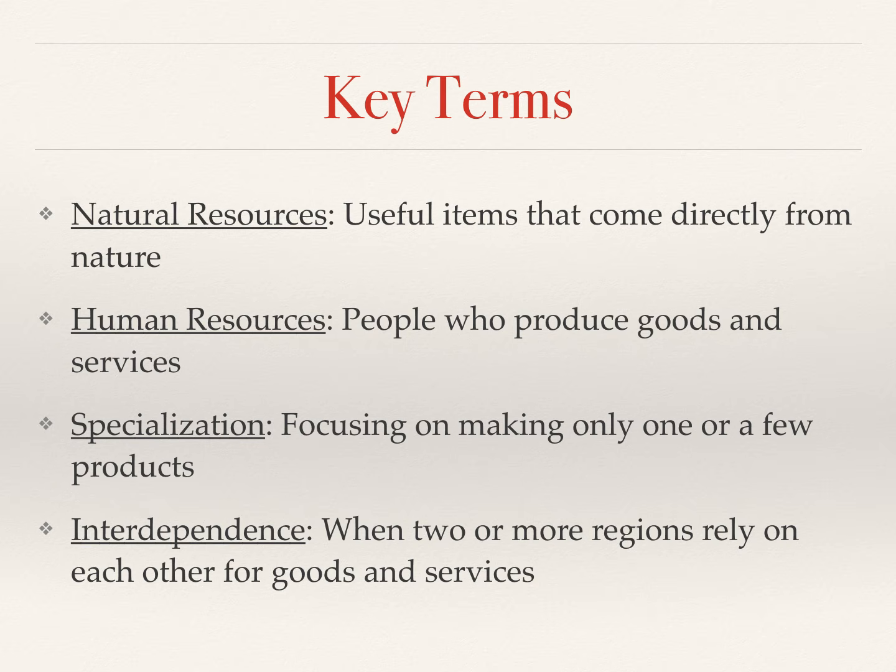So what we're going to see is that each region has natural resources and human resources. Because of that, they're able to specialize in making certain goods, and they're going to be dependent on the other regions for the rest of the things that they need.